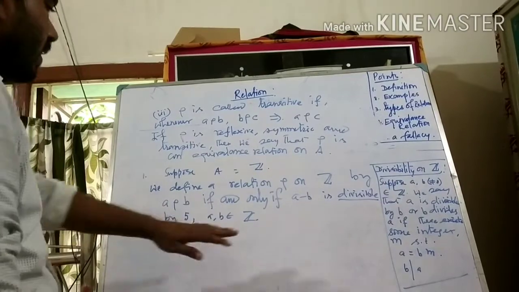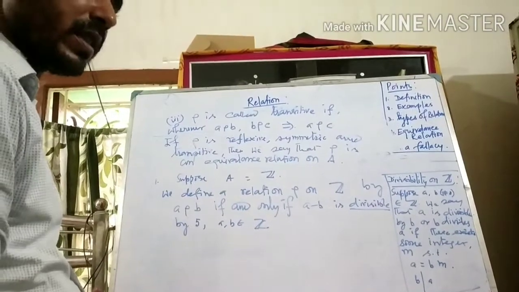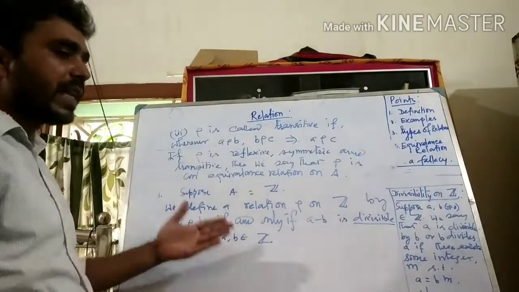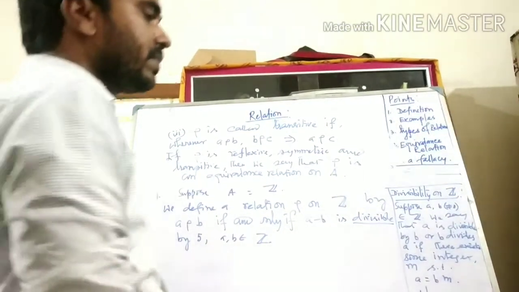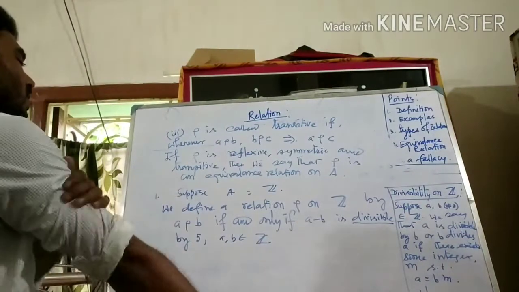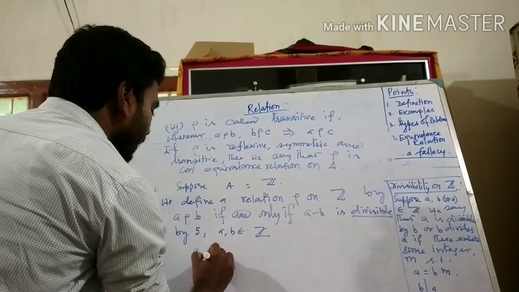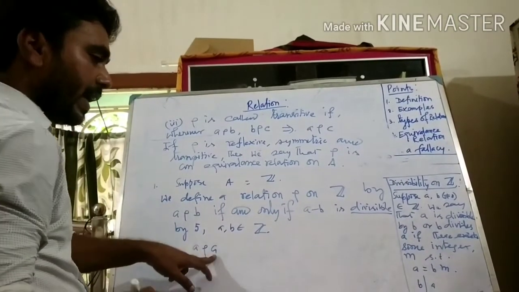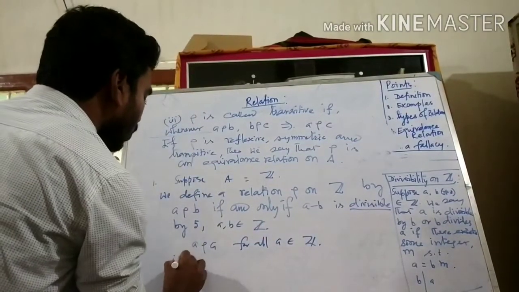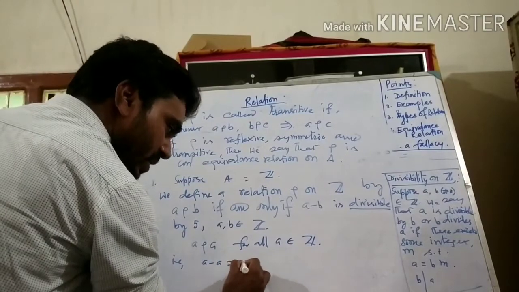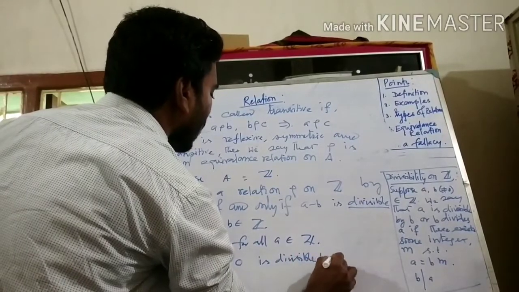Now let us try to understand whether this relation is an equivalence relation or not. For that we need to check all these 3 properties, namely reflexive, symmetric, and transitive. For reflexiveness, we have to show that A is related to A for all A belongs to Z. That means we have to show A minus A, which is equal to 0, is divisible by 5.